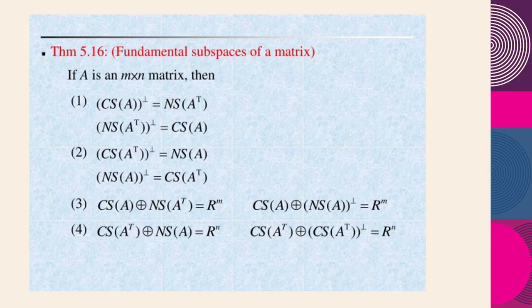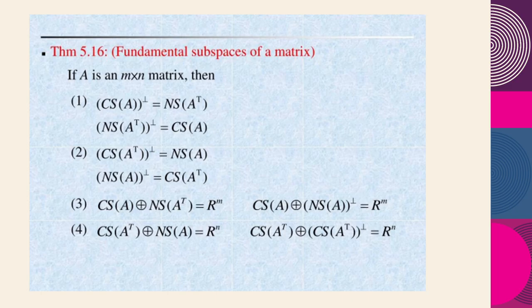So every matrix A has four fundamental subspaces connected to it, and this theorem shows how they relate to each other through orthogonal complements. The orthogonal complement of the column space of A is the null space of A transpose, and vice versa.